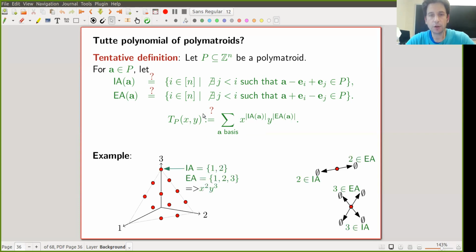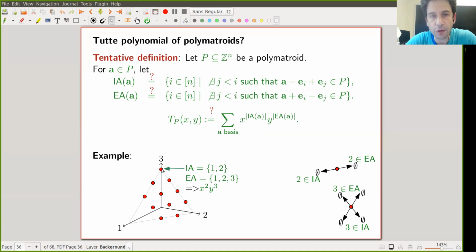Okay. So let's look at the geometric meaning of these activities to get a better sense of what they mean. So here is a polymatroid, and here are all the bases, each point is a basis.